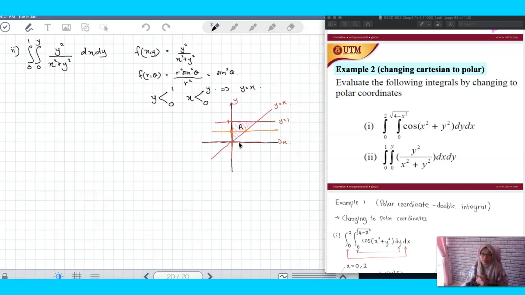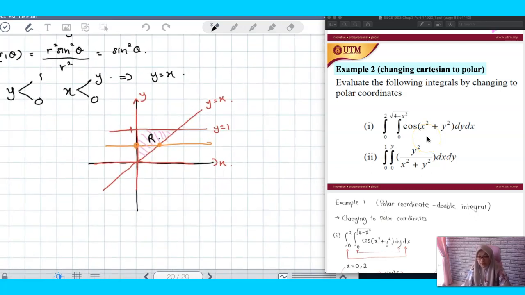Even though your region is not a circular region, because the question asks for converting into polar, then you have to follow. Now you have to find the equation in r and theta of the region that we have.